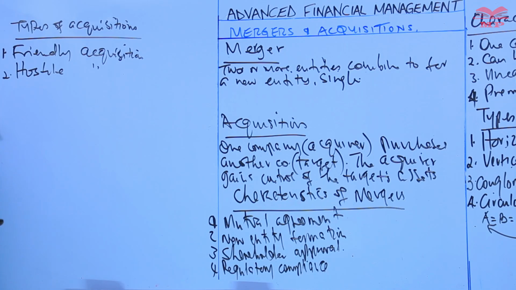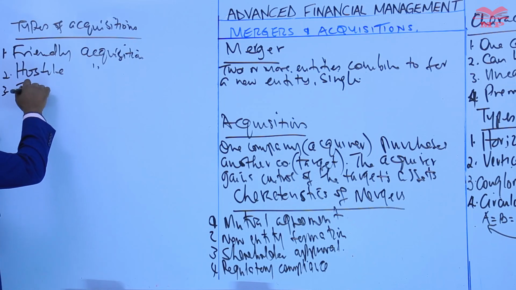Do you understand? In a hostile acquisition, the acquirer attempts to take over a target company without its consent. For example, an acquirer launches a tender offer directly to the target company's shareholders, bypassing the board of directors. That is a hostile acquisition.